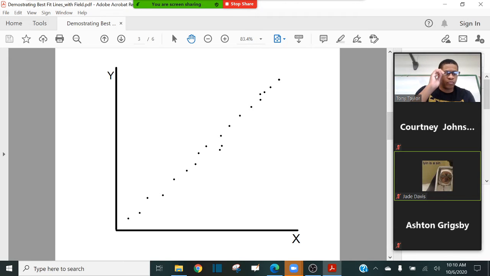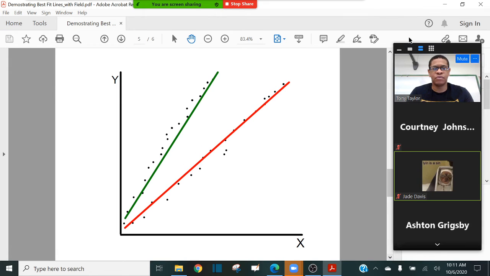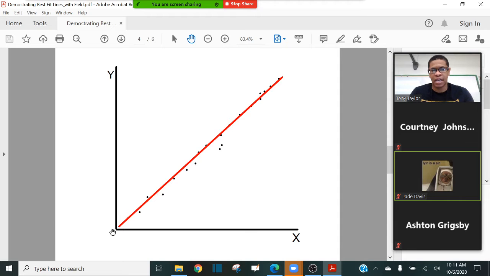Now, one of the things I said last week, whenever you're plotting out real-world data, you're not always going to get a nice, smooth function. So the purpose of a trend line is to give you that smooth function. It's to smooth out the human errors in the data. So we would draw a best fit line through this data to get something that looks like this.